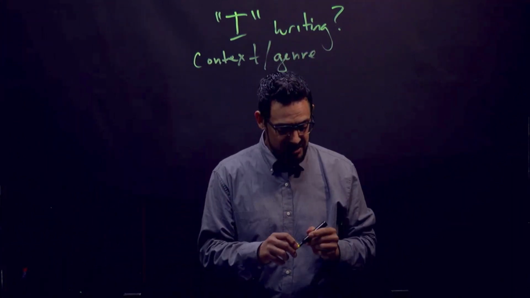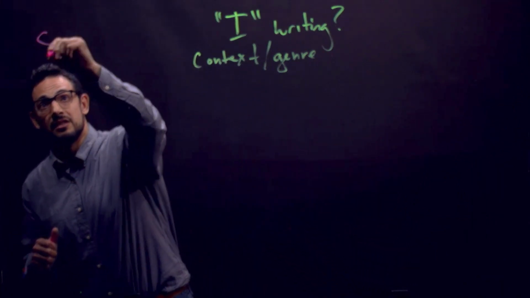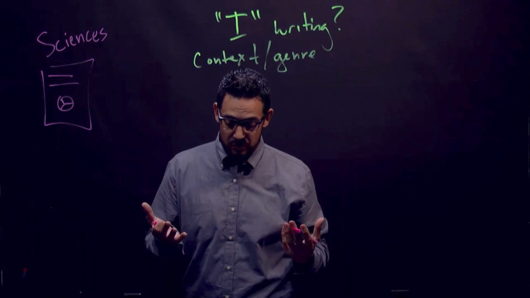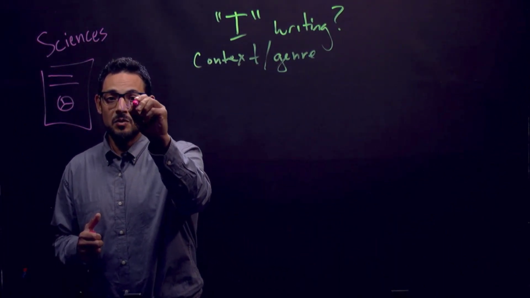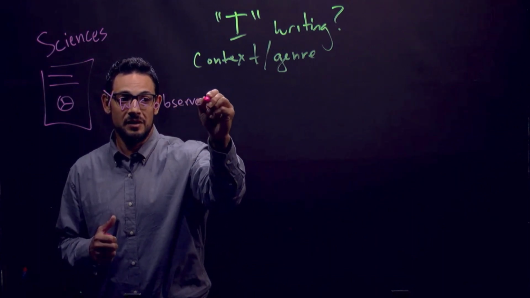To put it more simply, you might find yourself in the sciences, where the genres of writing tend to be things like a lab report. In these lab reports, what they're often going to want to hear is that "Y was observed."